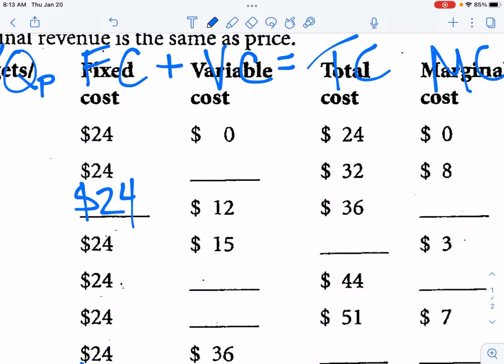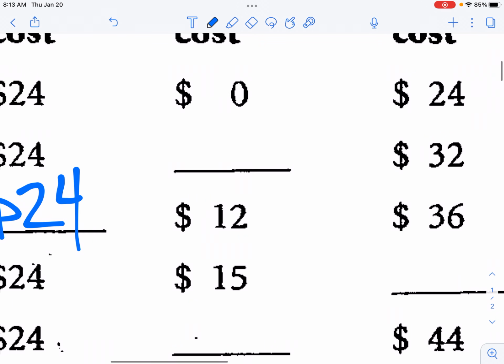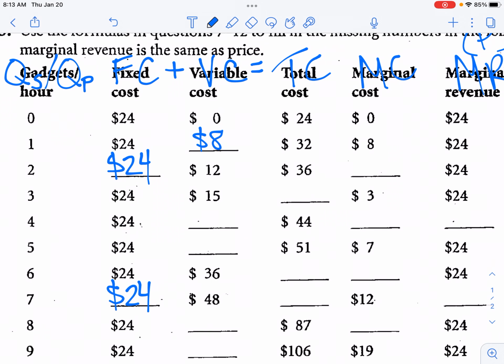So in the first row, $24 of fixed cost plus zero variable cost implies that we'd have $24 in total cost. In the next row, we have 24 plus the mystery number gives us 32. So 32 minus 24 is 8. So that's what's missing there. In the row where we make 2 gadgets per hour, 24 plus 12 gives us 36.